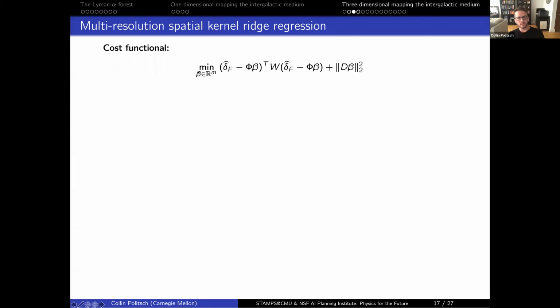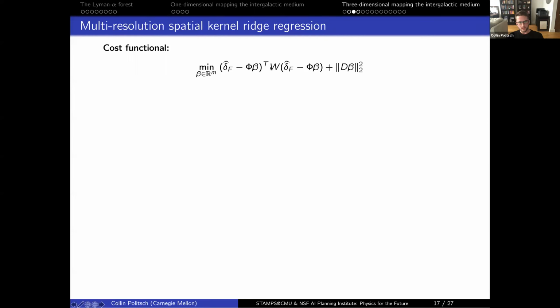So we call this a multi-resolution spatial kernel ridge regression. Basically, what's going on here is we have this delta F hat, which I'm using the hat because there's already been modeling that's been done. And so this is a vector that includes all of the one-dimensional maps from the quasars. And then we have a basis expansion here. And so phi is a regression matrix based on the compactly supported radial basis functions, and beta is a vector of their basis coefficients.